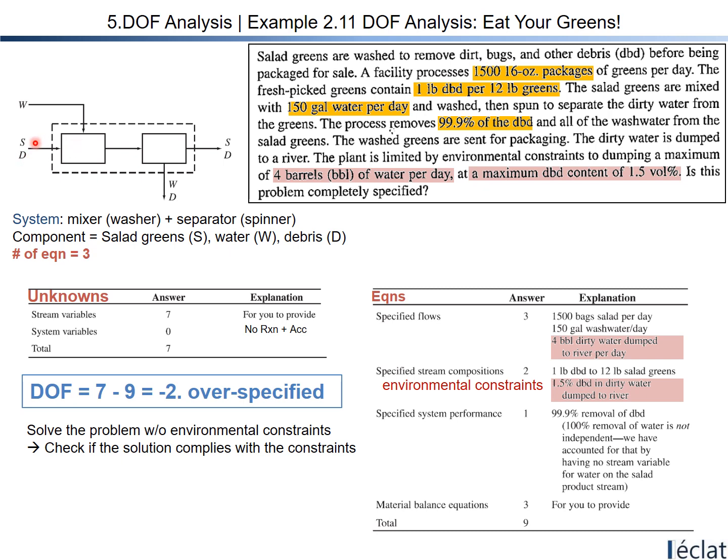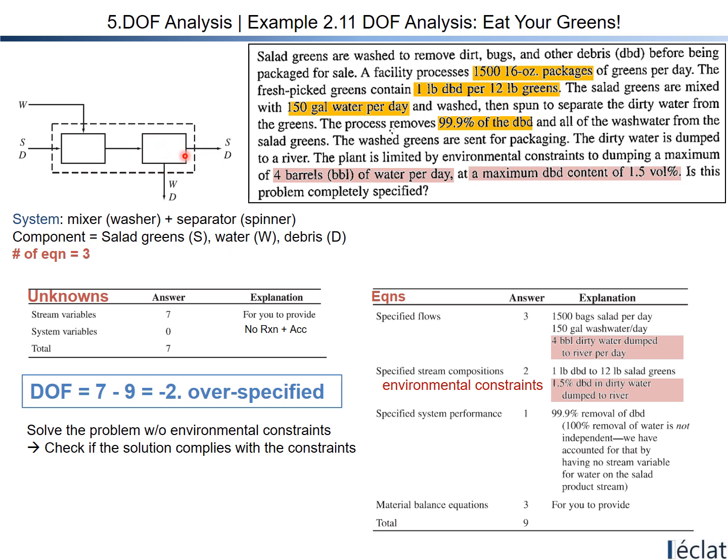A mixture of salad and debris are introduced into the washer, plus clean water is also introduced into the same unit. And then after mixing together, those mixture is transferred into the spinner. And then finally you have two output streams.